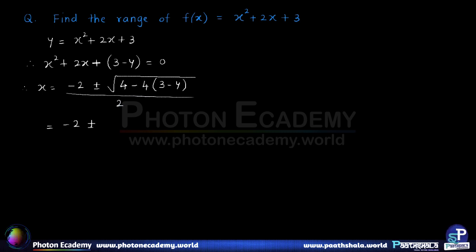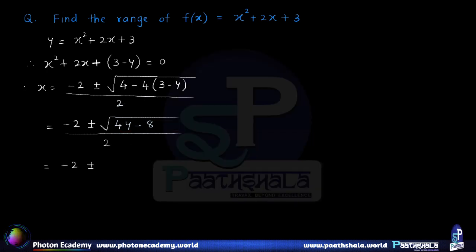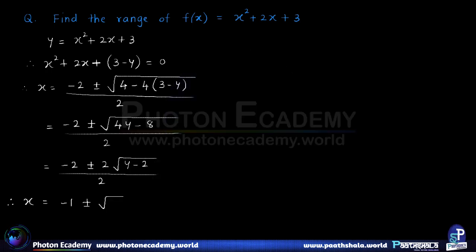So on expanding and rearranging inside the square root, we have 4y minus 8, whole divided by 2. If you take 4 common out of the square root, it will become 2 outside, and we still have y minus 2 inside the root. So finally, cancelling 2, we get x as minus 1 plus or minus root of y minus 2.